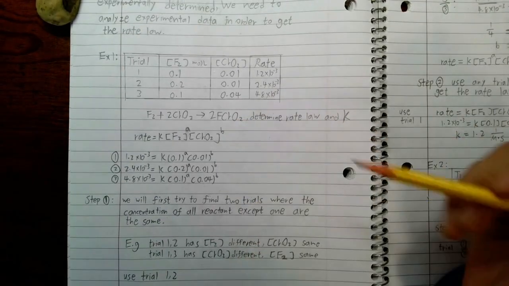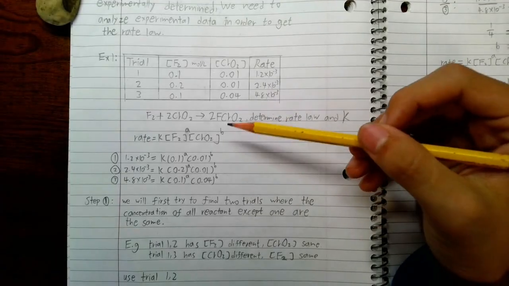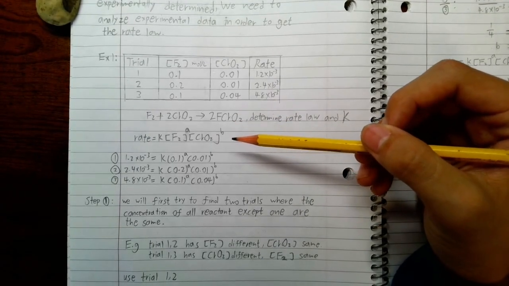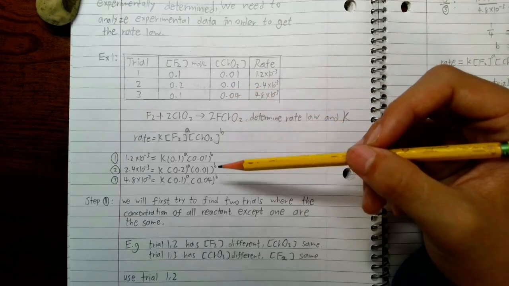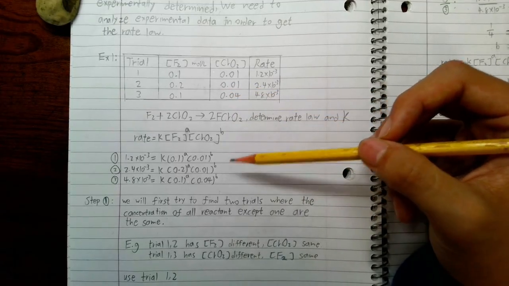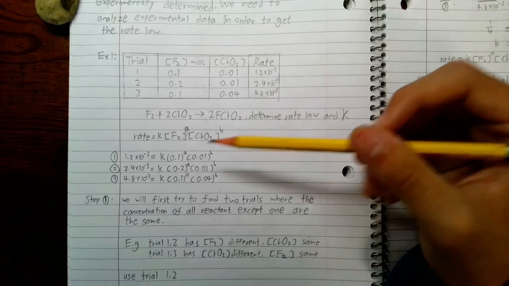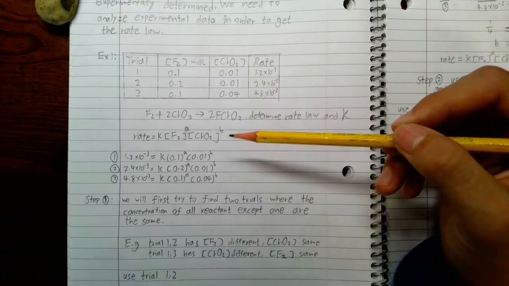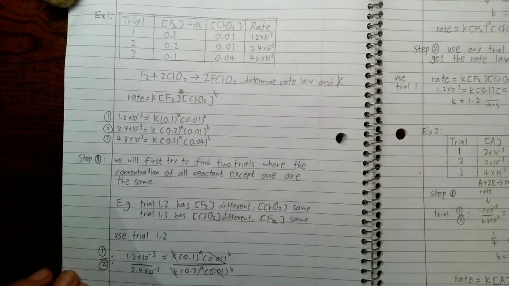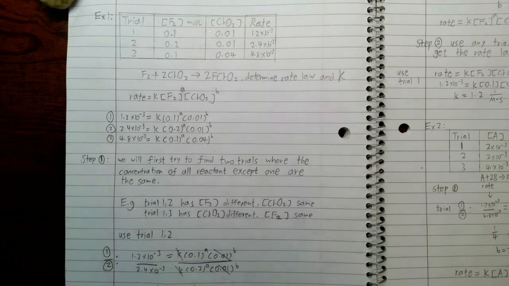And just a quick recap that a rate law has a form of this. If we sub in the data that's inside our table, we get 3 different equations with 3 different variables, K, A, and B. In the first step, we will be looking for 2 trials where the concentration of all the reactants are the same except one column.